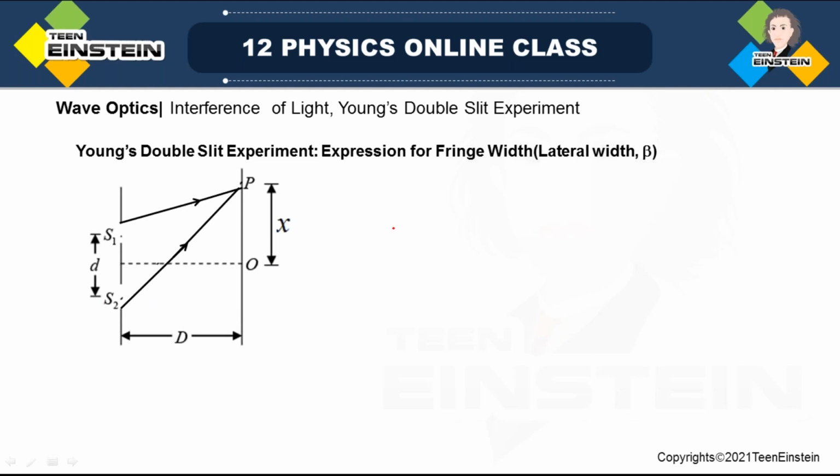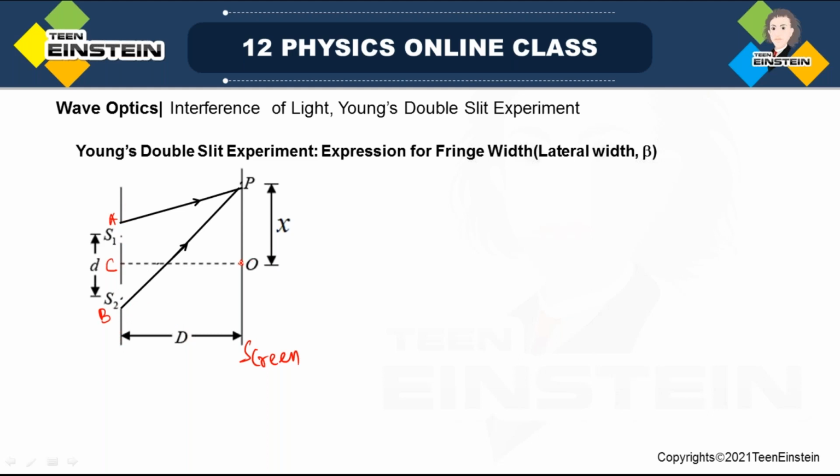See, in the double slit experiment, what happens? Let us say this is A and this is B, the C point is the central point. And the O point is the central point on the screen, which is kept at D distance away from the slit.